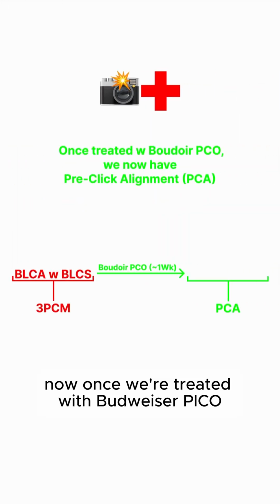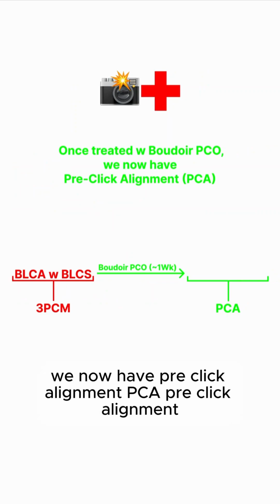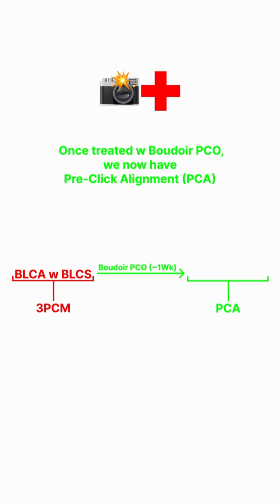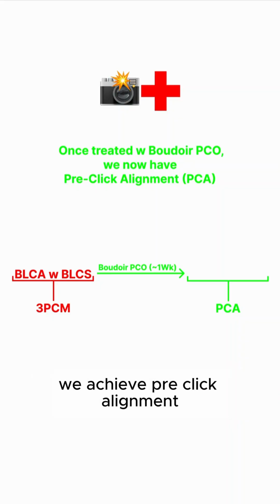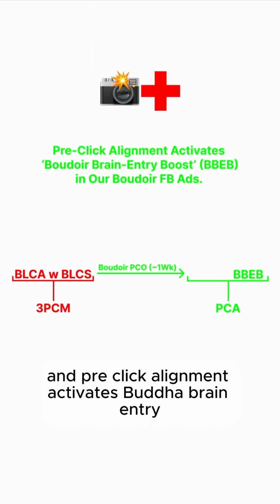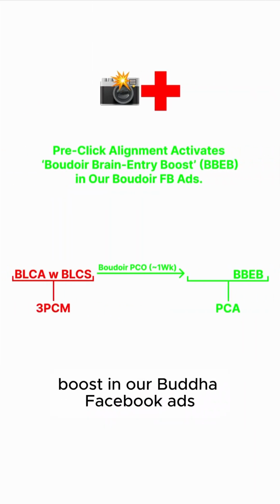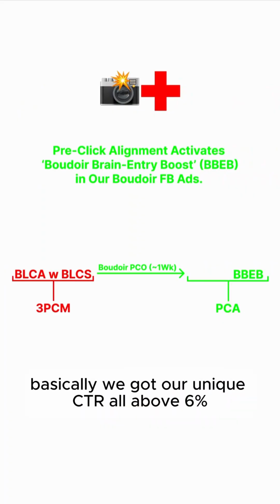Now, once treated with Boudoir Pico, we have pre-click alignment, PCA. So we got rid of the 3 pre-click mistakes and achieved pre-click alignment. And pre-click alignment activates Boudoir brain entry boost in our Boudoir Facebook ads. Basically, we got our unique CTR above 6%.